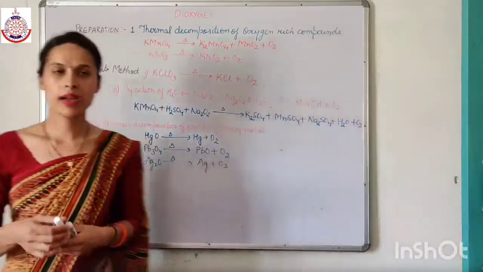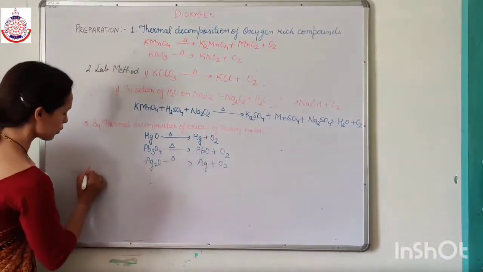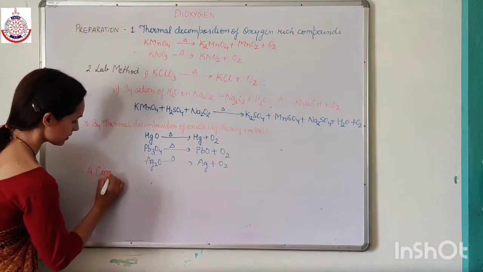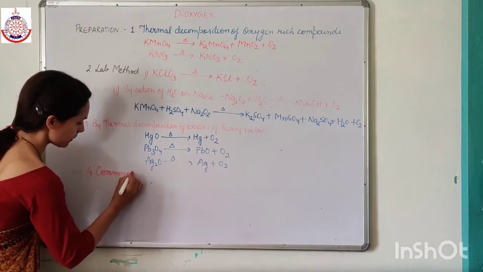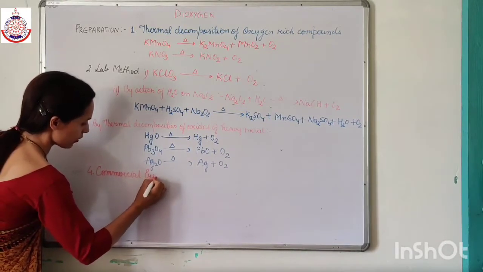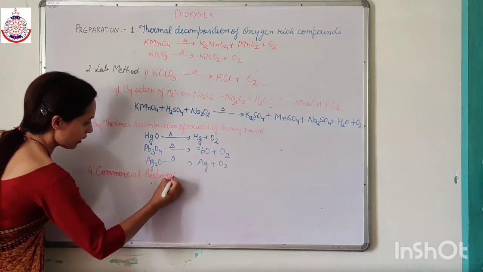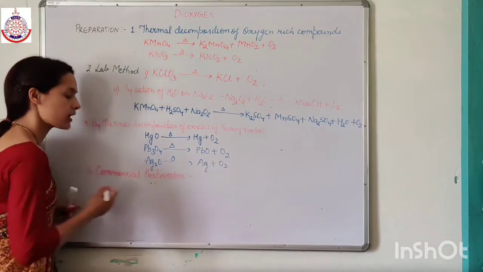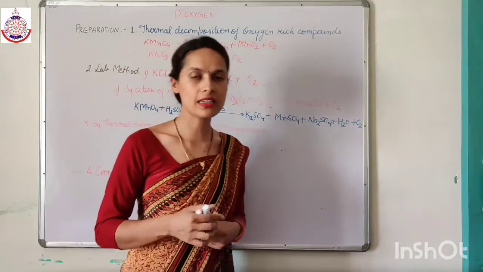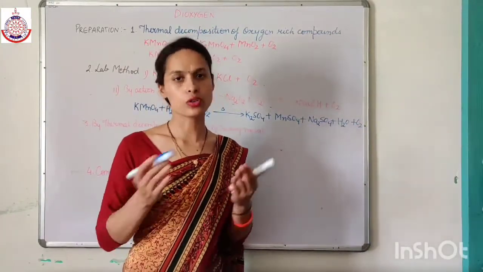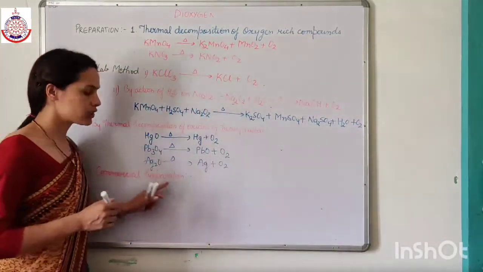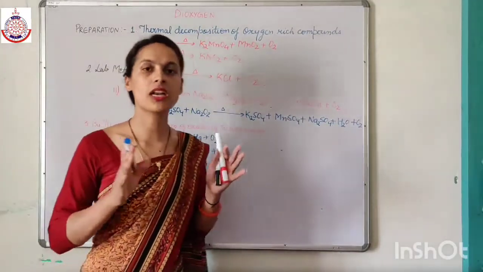Now the fourth method we will study is the commercial preparation of dioxygen. Dioxygen can be prepared on a very large scale, either through air or through water. Commercial preparation means preparation on a large scale.